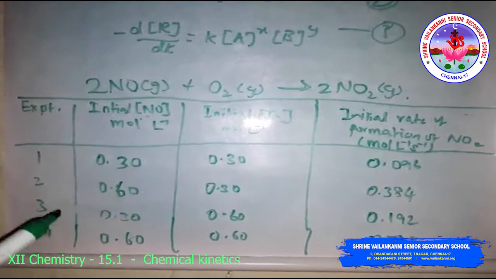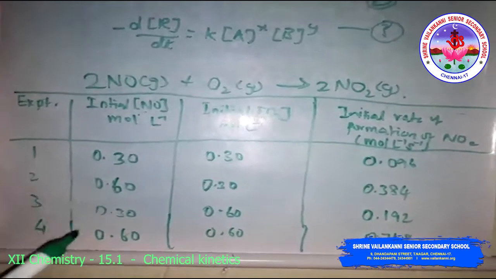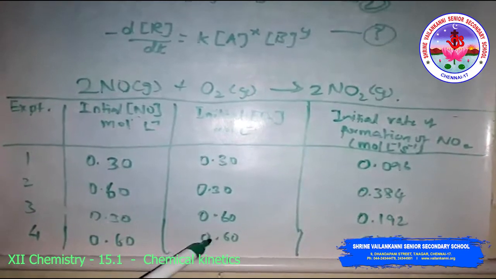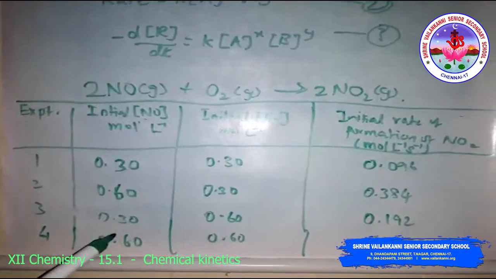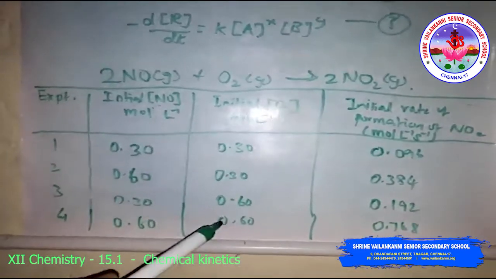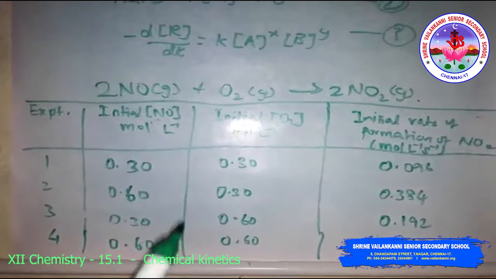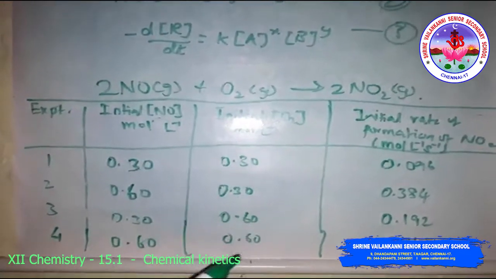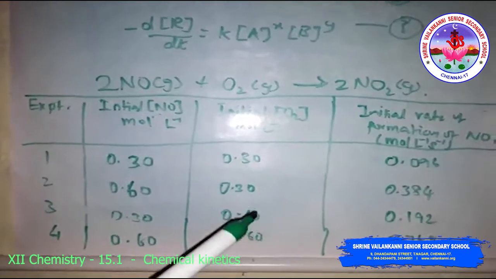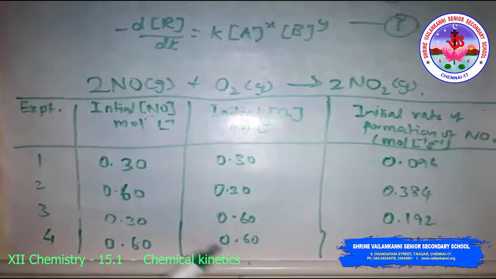Now when the concentration of nitrogen monoxide is kept constant and the concentration of O2 is doubled, look at experiments number 3 and 4. Here NO is constant and the O2 is doubled. Then the rate also gets doubled, indicating the rate of the reaction depends on the concentration of O2 to the first power.